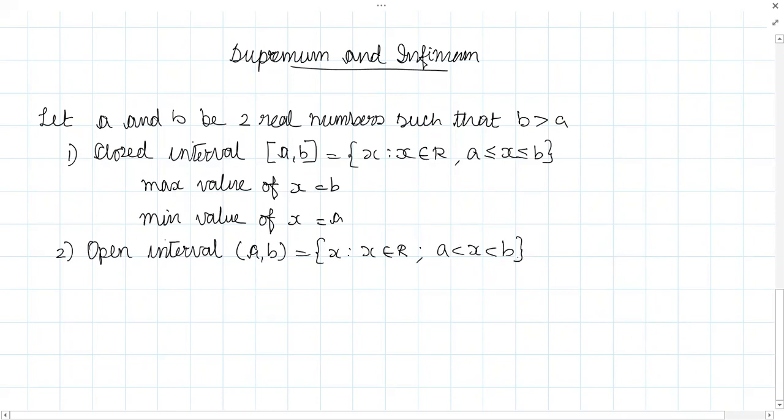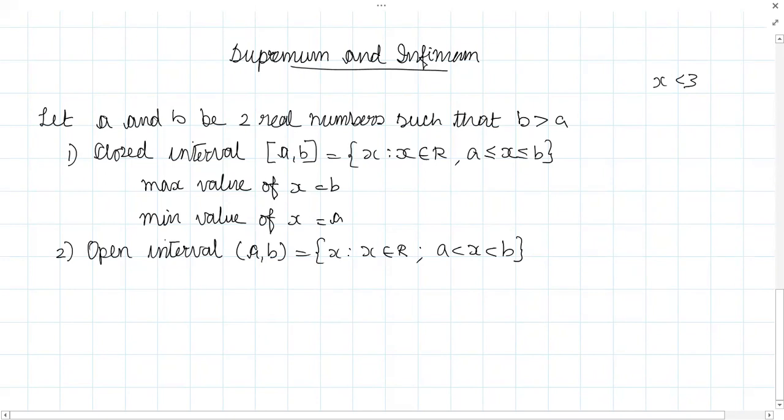What is the maximum value of X here? It is less than B, but what is the maximum value? You cannot precisely define that. Say, for example, X is less than 3. What is the upper limit of X?